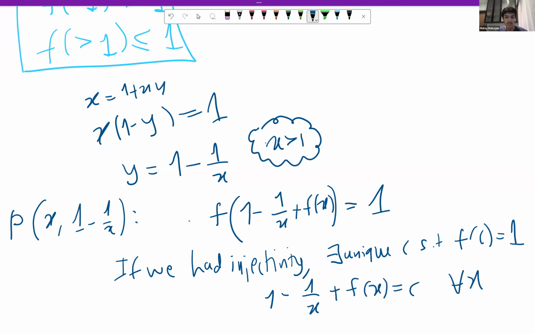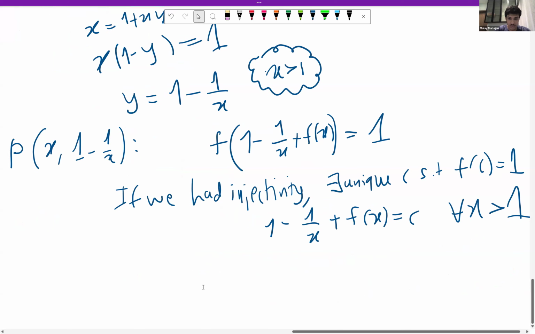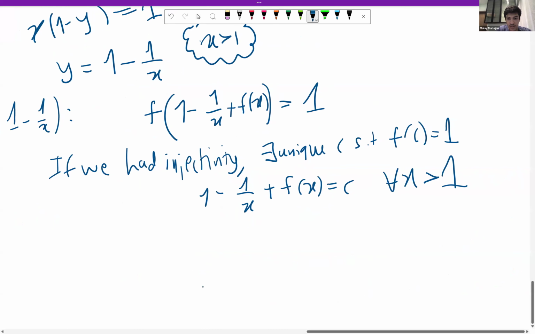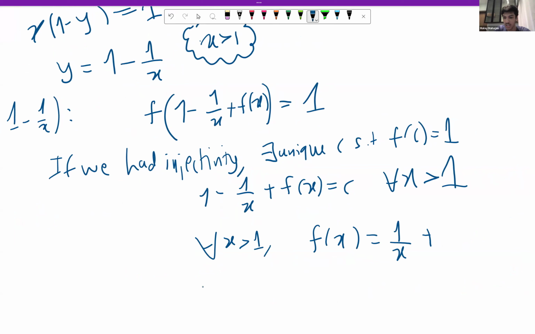So is this clear to everyone? We won't be done for all x bigger than 1, but it's fine. We know it for all bigger than 1, then we can just put and would be done. Sorry, how are we done after we prove injectivity? Okay, we are not done, but the point is, we know that for all x bigger than 1, fx will be 1 by x plus a constant, call it k.